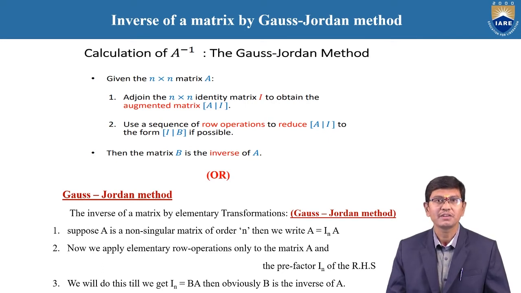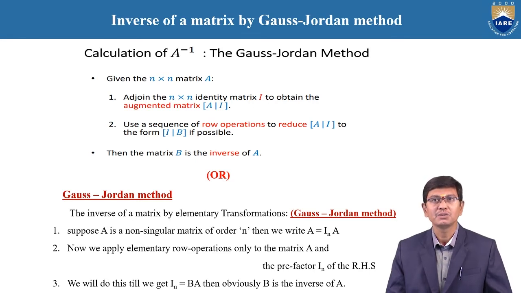First we consider adjoining the n by n identity matrix I to obtain the augmented matrix. The augmented matrix is nothing but the given matrix together with another unit matrix of the same order n by n.